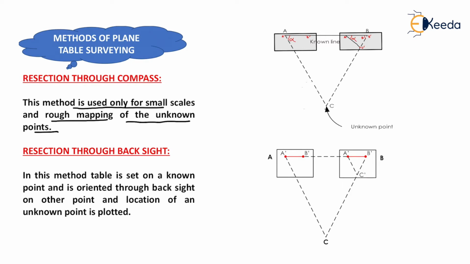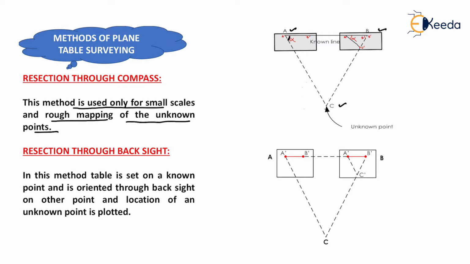Now in this method, station A is known, station B is known, and the distance between A and B is also known. Now we have to locate station C, which is an unknown point. We keep the plane table at station A, and with the help of a compass we can determine this angle, alpha, and we will plot a line at an angle of alpha on our sheet.